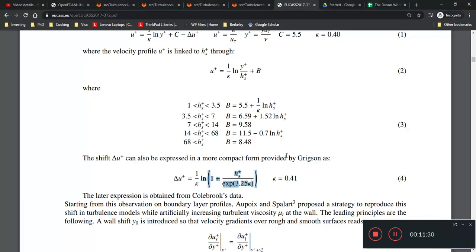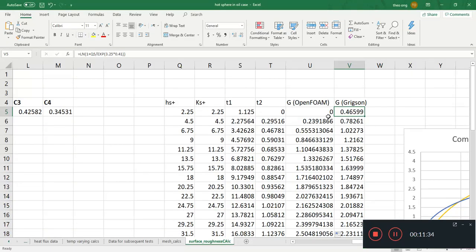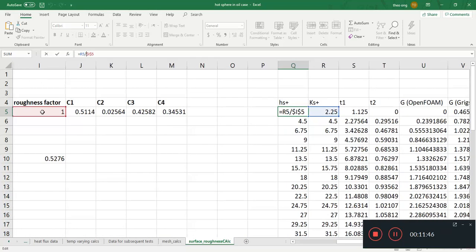So I have Ks plus in cell R5 over the roughness factor, which is over here. I just press enter and drag it down.